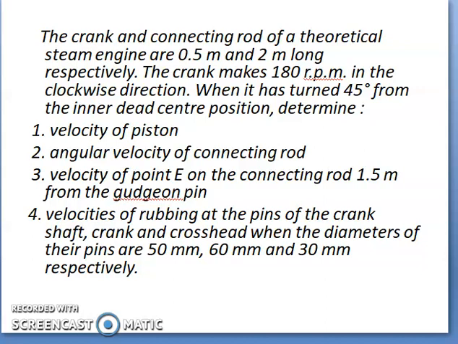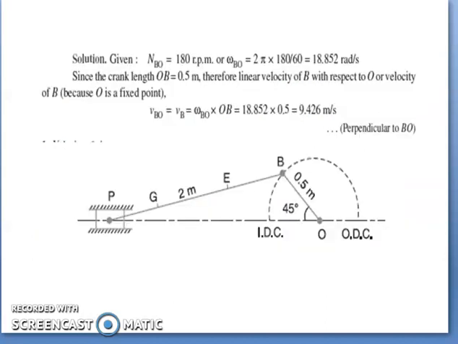So first of all, we are going to draw the space diagram with the given data. So you have to know that the crank is making an angle of 45. First draw a straight line, make an angle of 45, measure and mark OB which is equal to the length of the crank 0.5. From the point B, take 2 meter as radius. You have to take this to some scale.